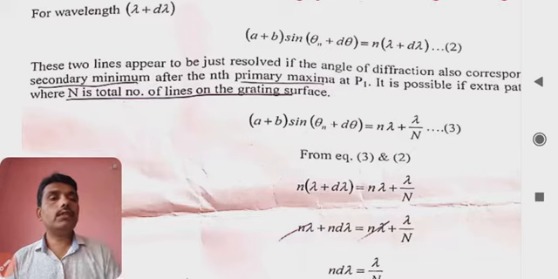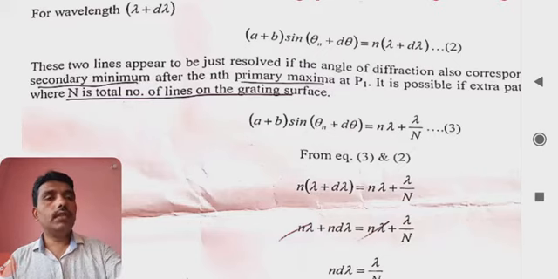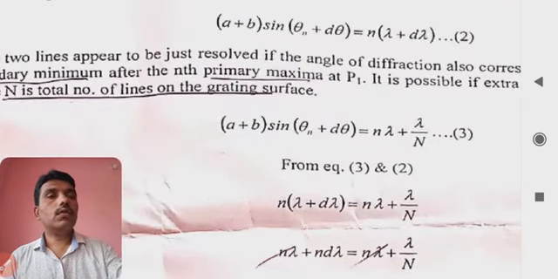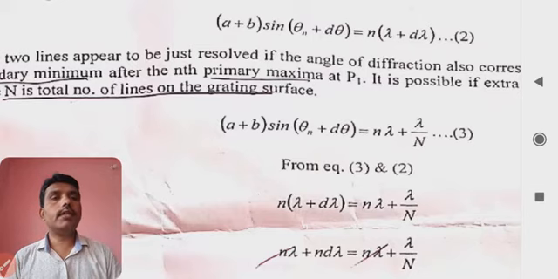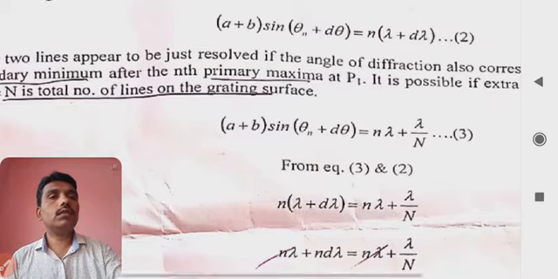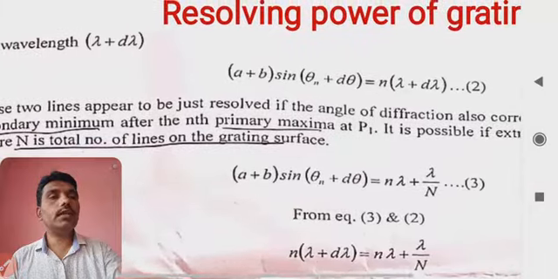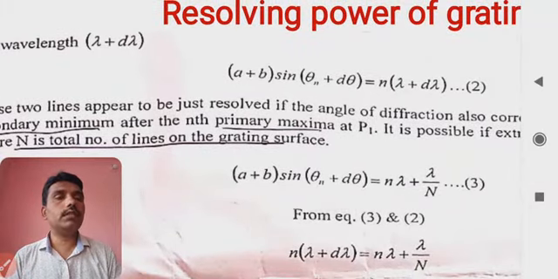To get the just resolved condition, for the nearer spectral line we have the relation (a plus b) sine (theta n plus d theta) is equal to n into (lambda plus d lambda).